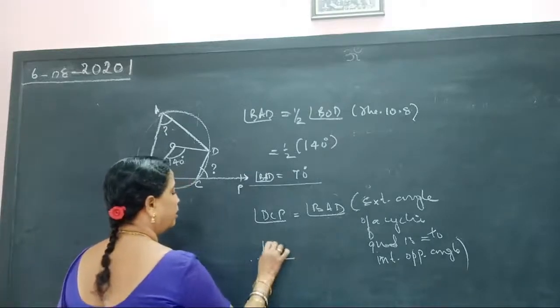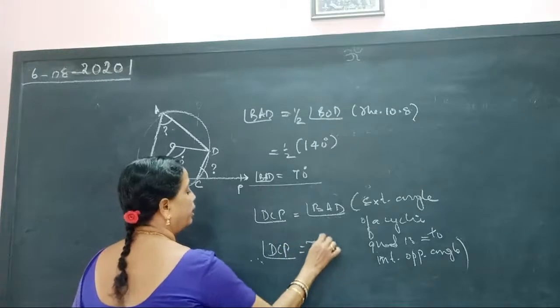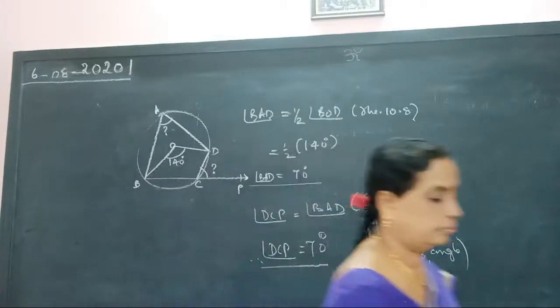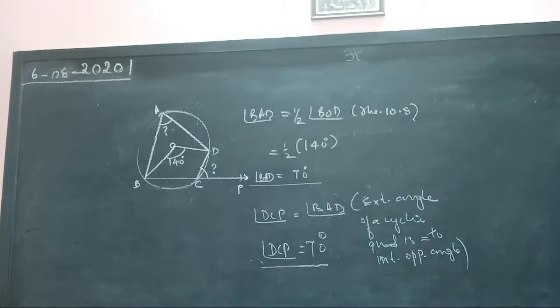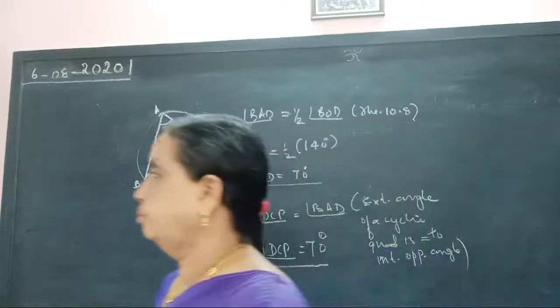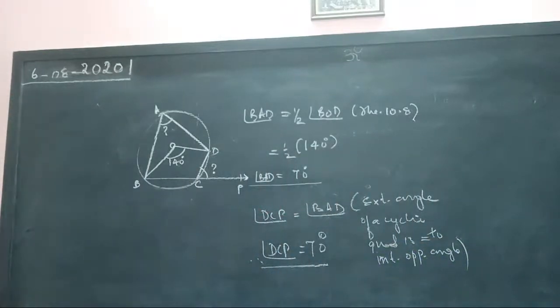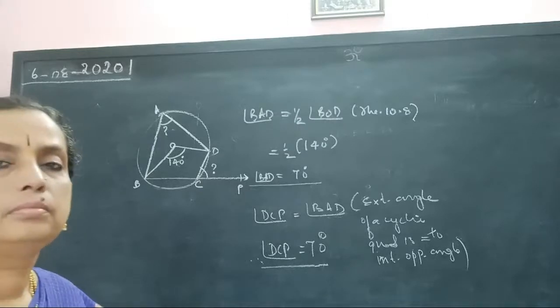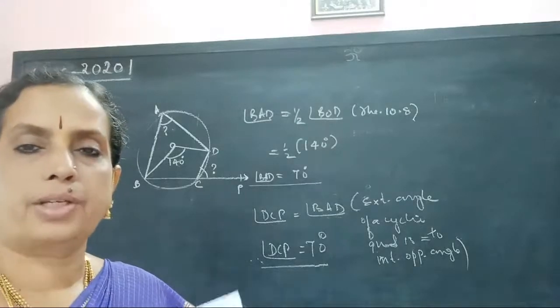Therefore, angle DCP equals 70 degrees. Okay? Next question.